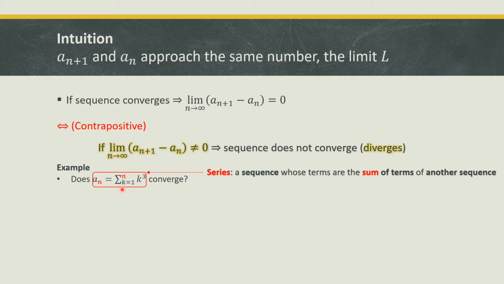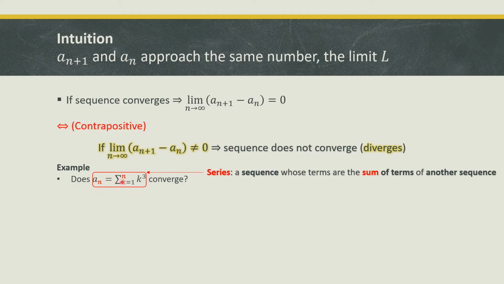So in this case, the terms of this series are the sums of the terms of this sequence k cubed. So a sub k equals k cubed, and then we're summing it from k equals 1 to k equals n. So yes, this is what we call a series.